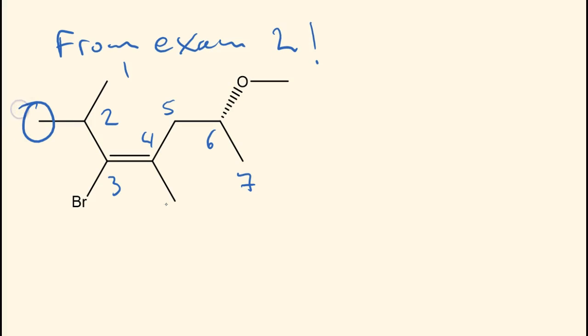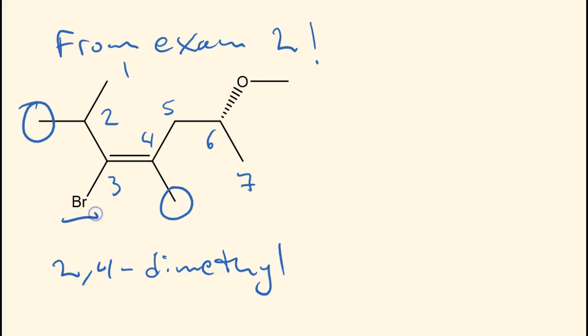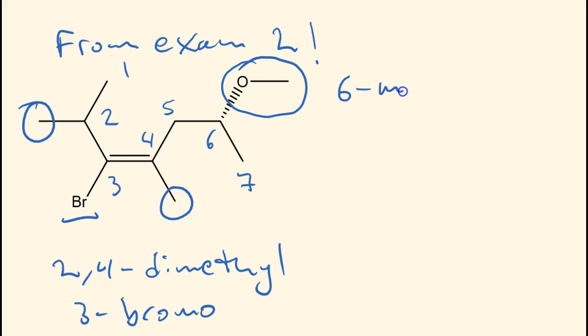There's a methyl group here and here, so 2,4-dimethyl. There's a bromo group here, so it's going to be 3-bromo. On carbon 6, there's a methoxy, so we're going to have 6-methoxy in the name.